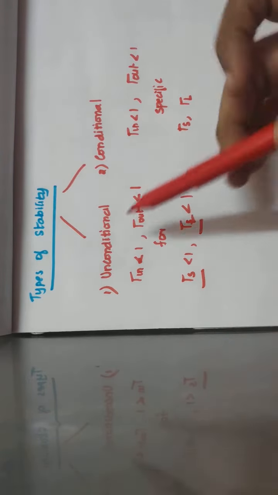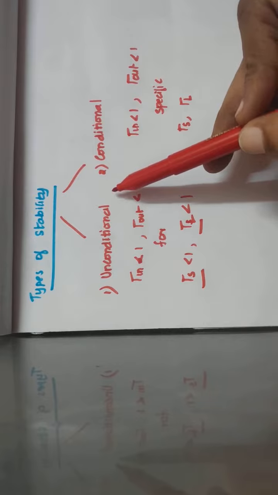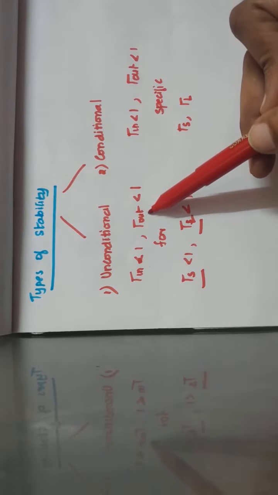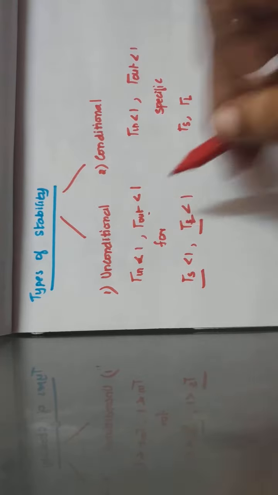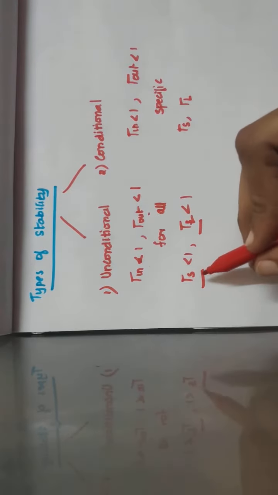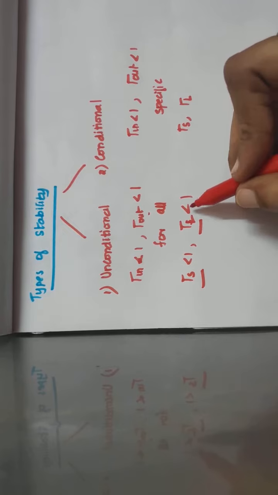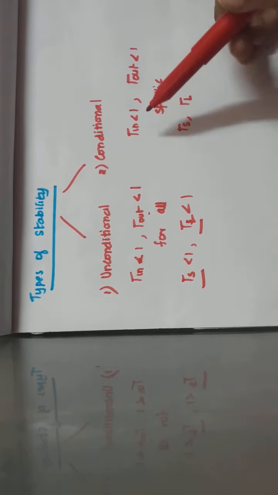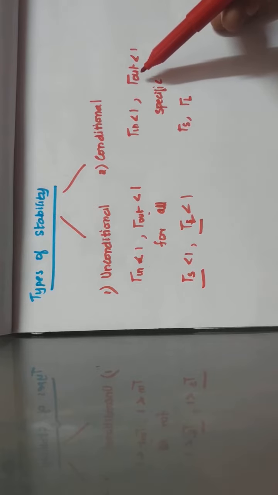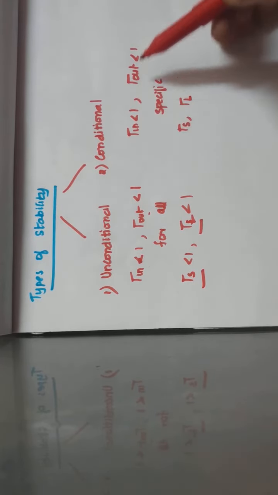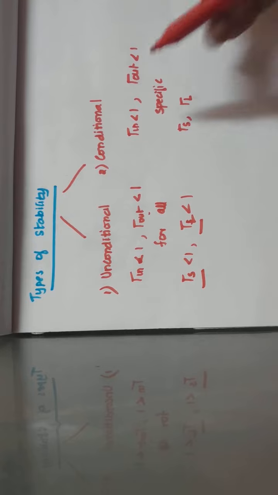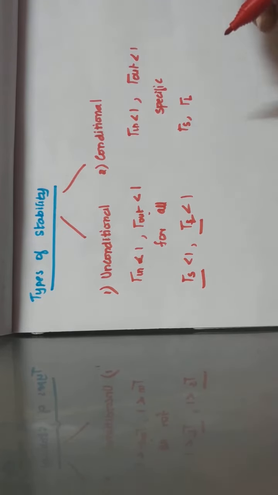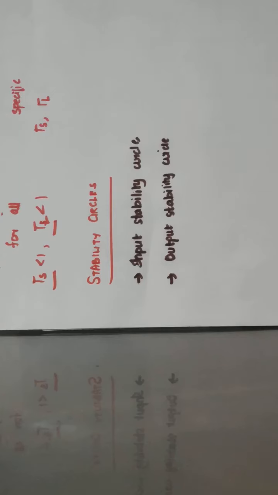An amplifier is unconditionally stable when the input and output reflection coefficients are less than 1 for all values of tau s, which represents the source, and tau L, which is the load. But under conditional stability, an amplifier is conditionally stable if the reflection at the input and output is less than 1, not for all values but only for specific values of source and load.